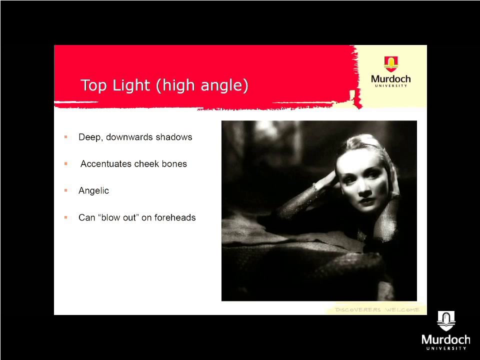Kind of a very accentuated, blown forehead, angelic amongst the forehead. But there's deep cheek lines here and deep shadows underneath the eyes. So there's the angel with mystery at the same time. So this is why she liked this one.